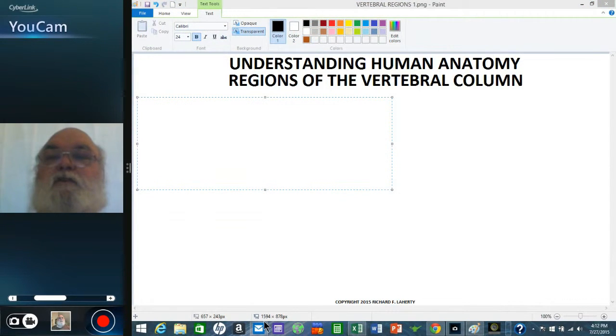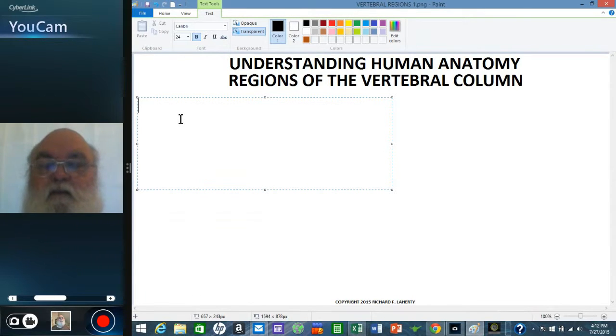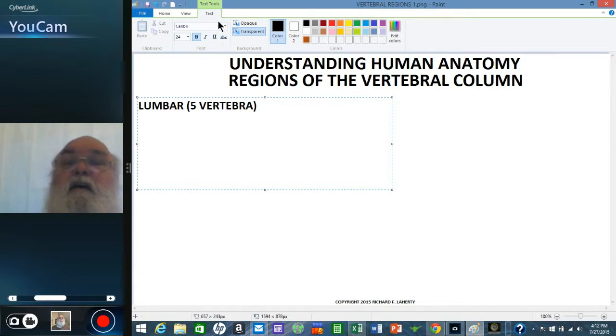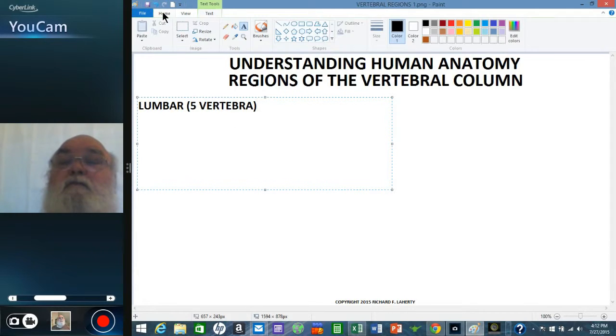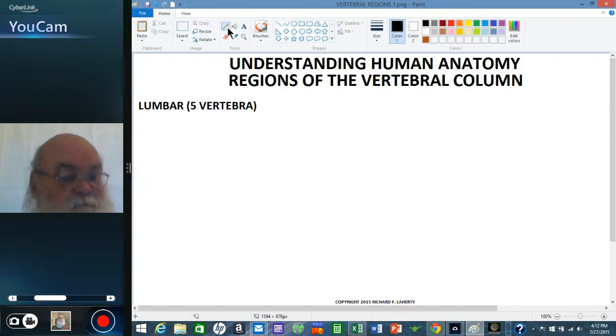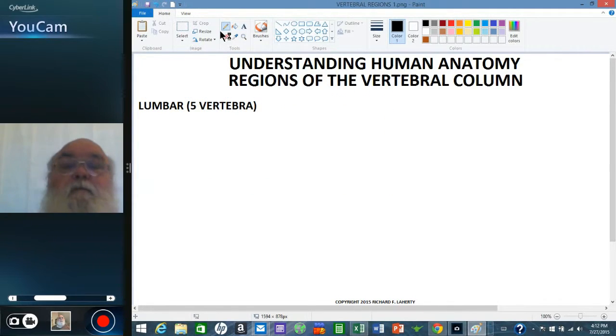The next region is the lumbar region, and there are 5 vertebrae in the lumbar region. And again, I'll do a sketch of a lumbar vertebra.